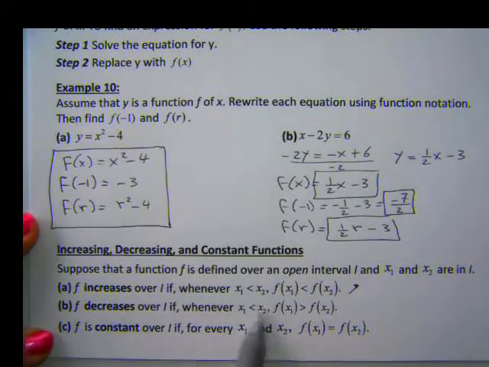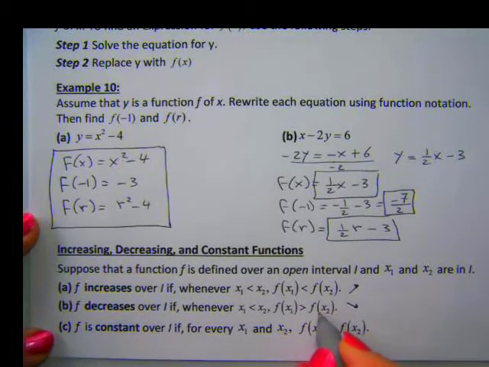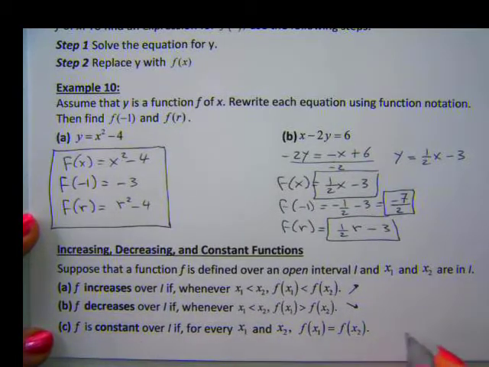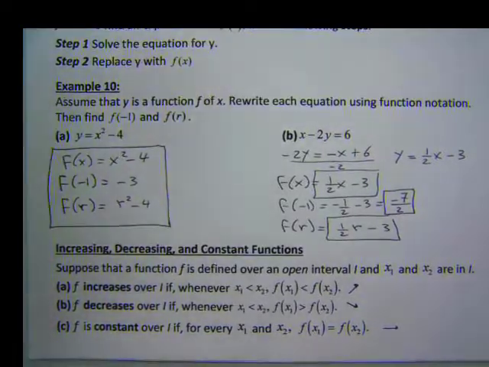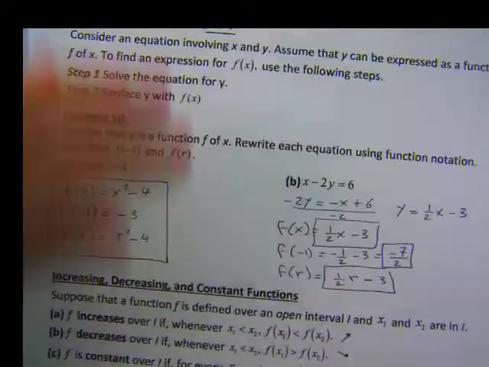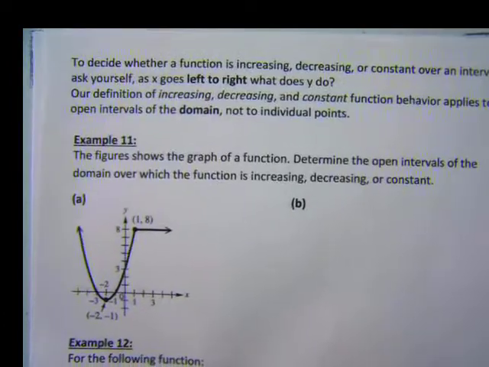But when x is increasing and y is going down, see, f of x2 is less than f of x1, so that is a decreasing function. And it is constant if it stays the same. This is easy looking at it graphically. So let's look at it graphically and do the final example.